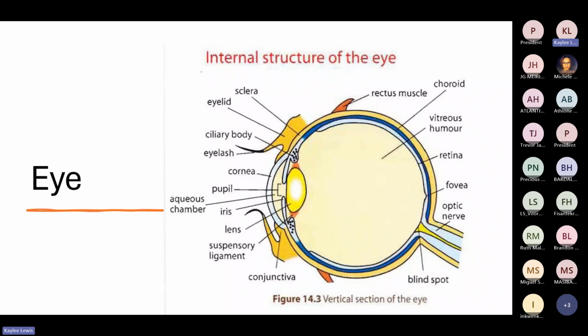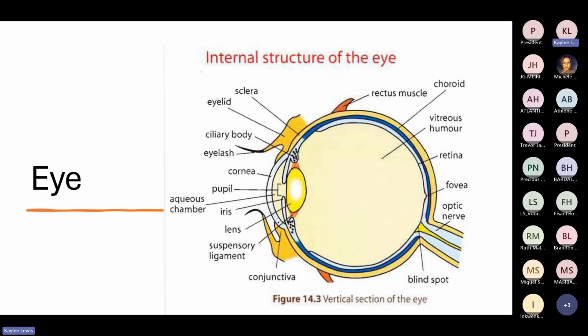Remember, light rays travel in straight lines. And when they go through an object of a different medium, it will refract them. But the more curvature there is of a structure, the more refraction will take place. So the cornea is convex, and that will allow it to refract light rays.